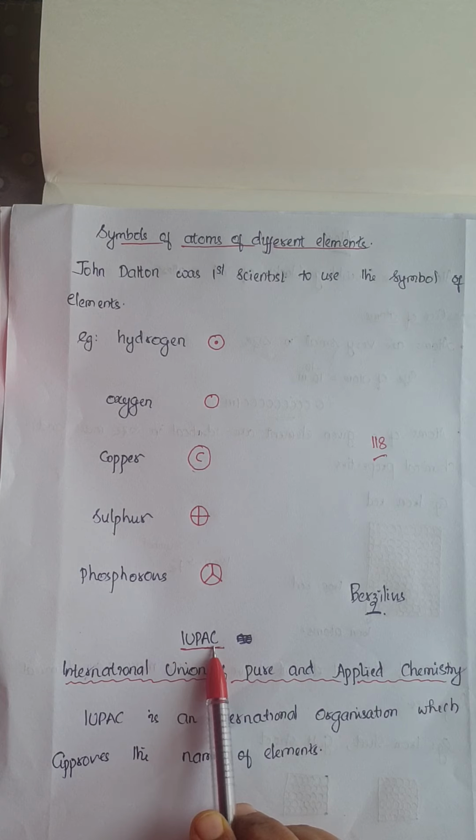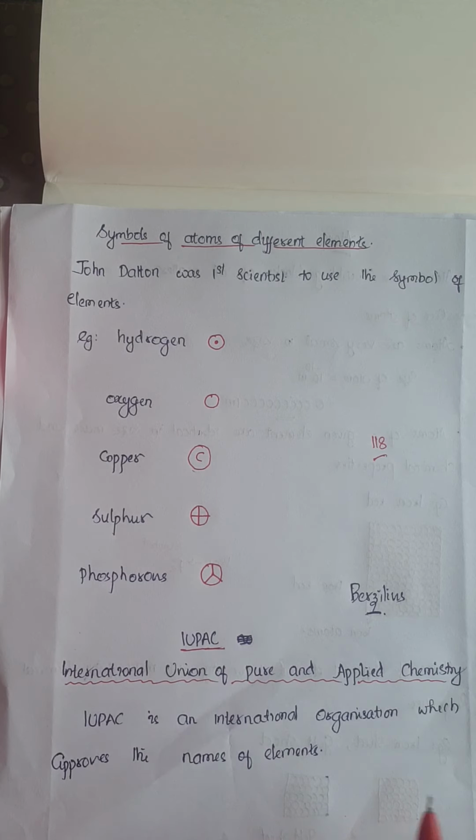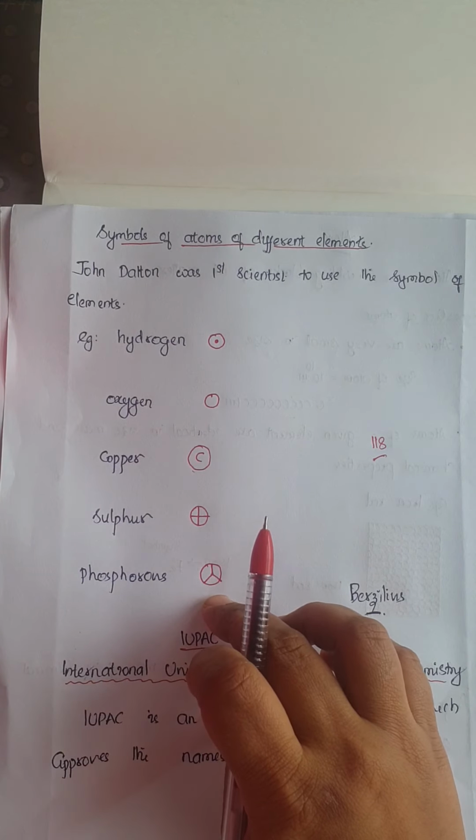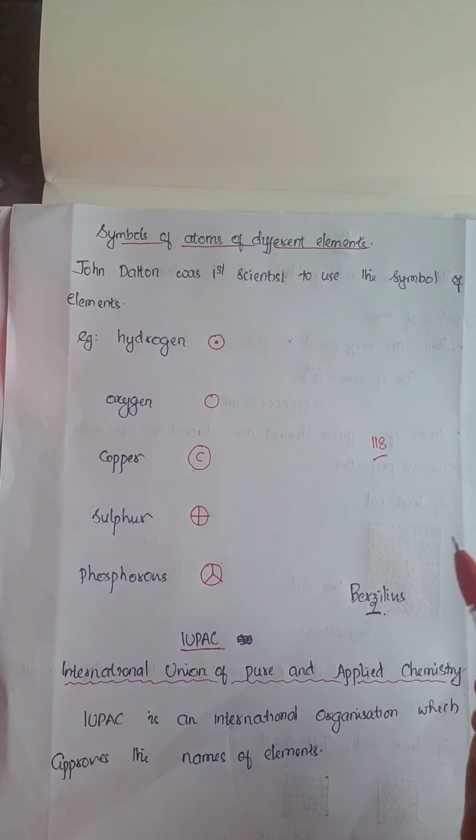This organization approves the names of elements. Any element that is discovered, its name should be approved by IUPAC. What is IUPAC, children? International Union of Pure and Applied Chemistry, which approves the names of elements.